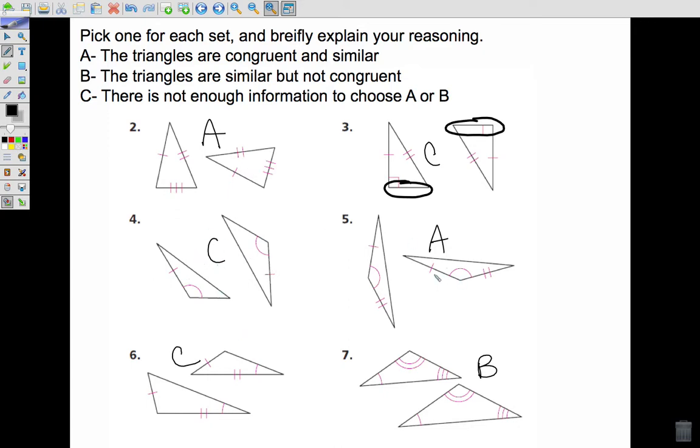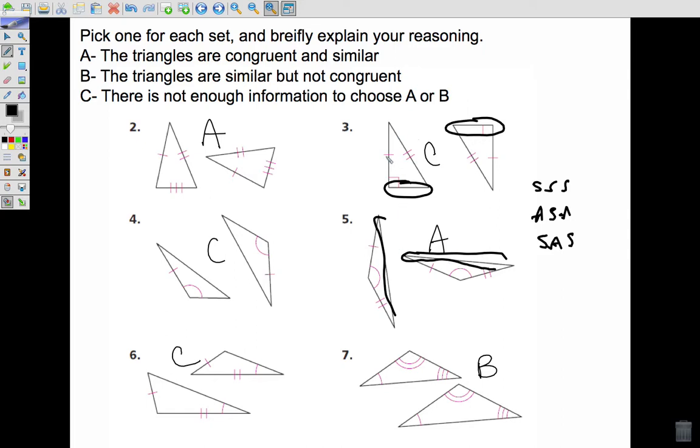For A, I can see that this is the same as this is the same as this, and I know that this side is going to be the same because I don't know if you remember those things: angle, side, angle, and then side, side, side. So as you see, this is going to be side, angle, side. I don't know if you guys remember this from last year. Side, angle, side. That tells me that they are going to be congruent.